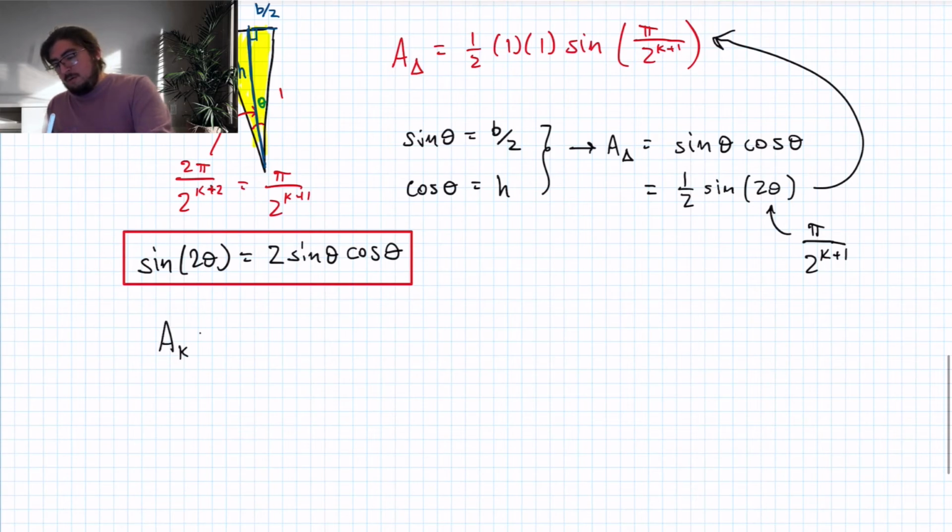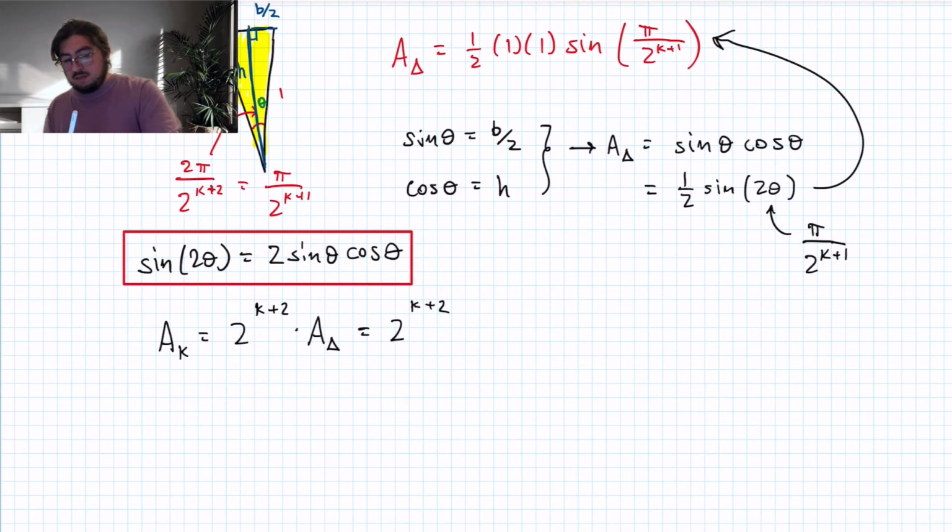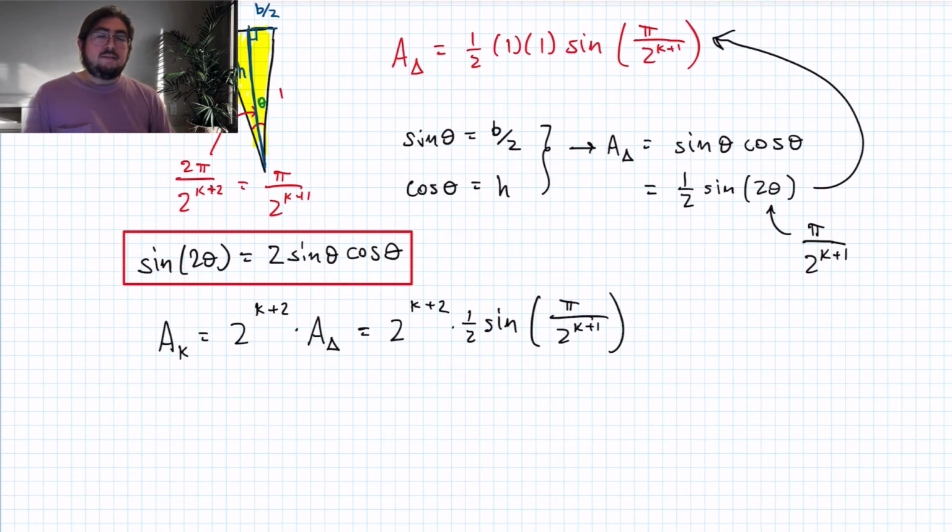So now we know a sub k is 2 to the k plus 2 times the area of these triangles. And we now know the area of these triangles is 1/2 sine of that angle. Whew, nice. Great.